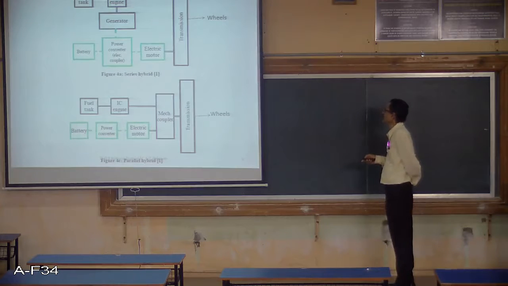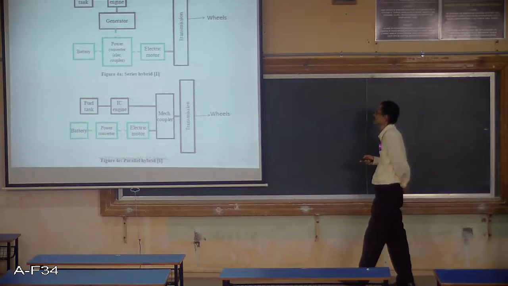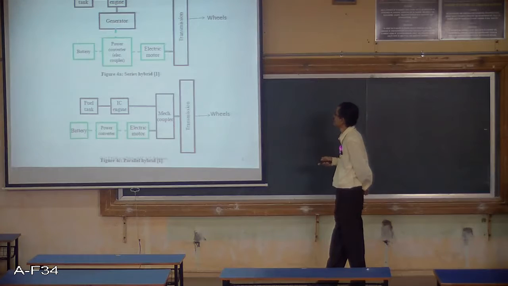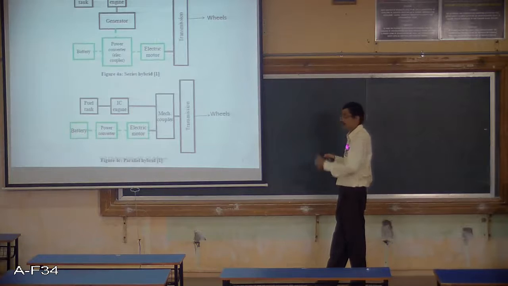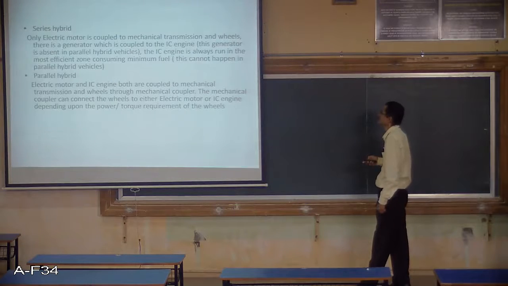So this mechanical coupler is an additional component in the parallel hybrid, whereas the generator, which is necessary in series hybrid, is not required in this case. In the parallel hybrid, we can couple or decouple the electric motor and IC engine separately to get the proper running of the vehicle. So this we have seen.